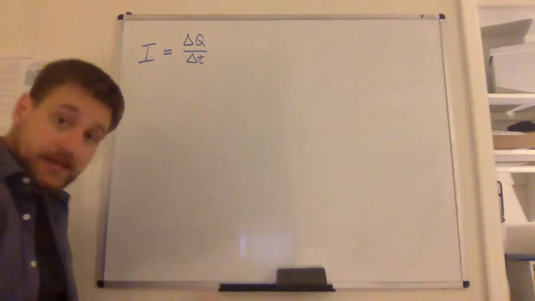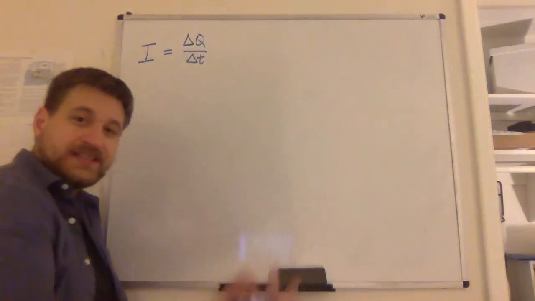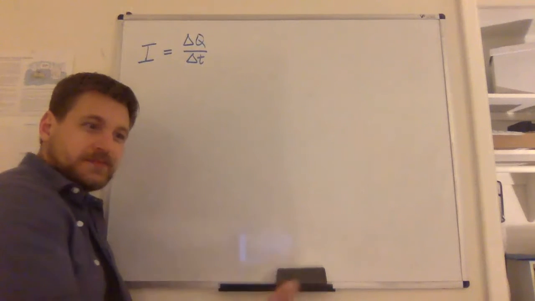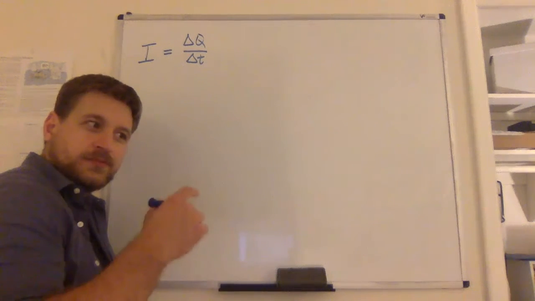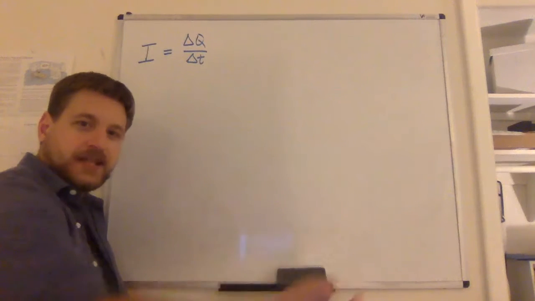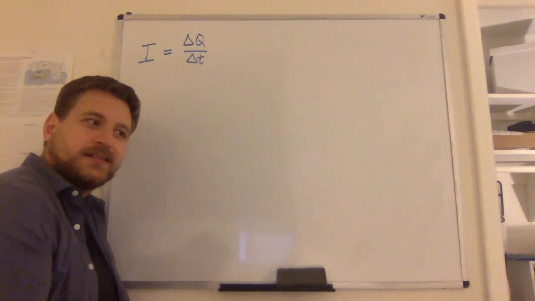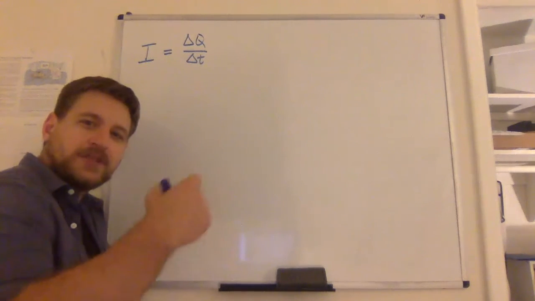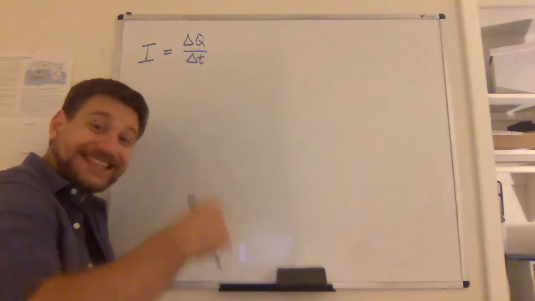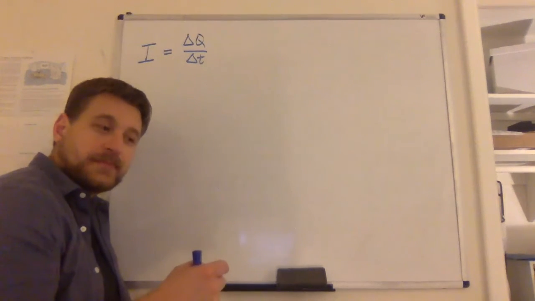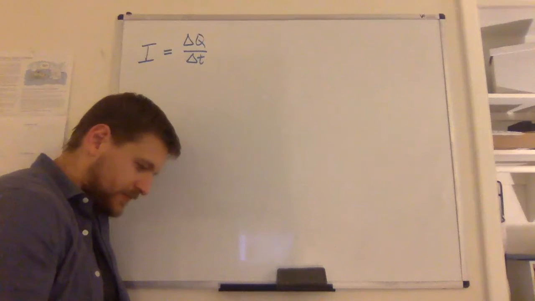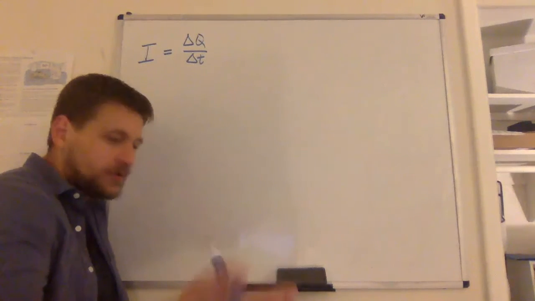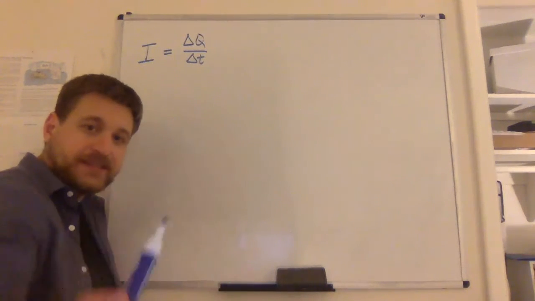Well, yeah, but in this case, what if the charge doesn't move at the same rate at all times? It's sort of like the difference between average velocity and instantaneous velocity, right? If we drop an object, the average velocity, sure, is the distance it fell divided by the time.